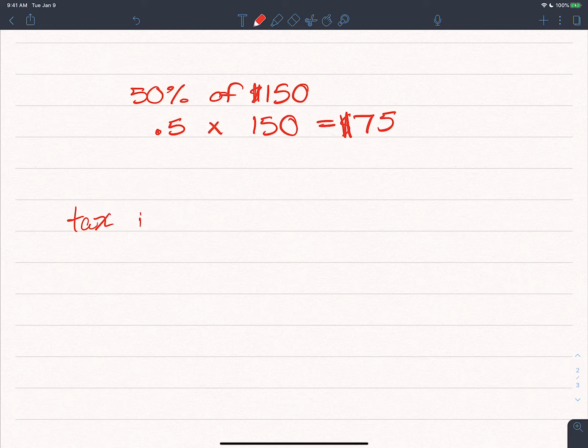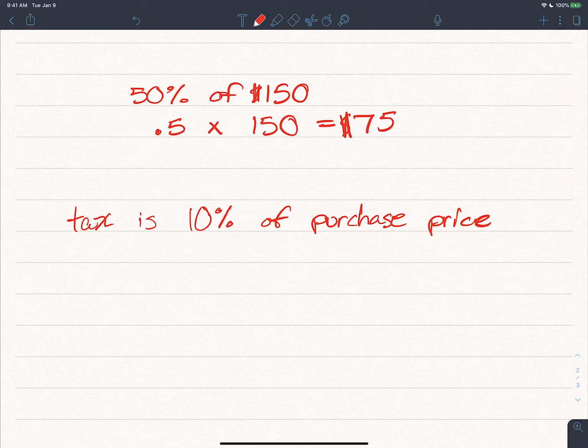Now, what if we said something like tax is 10%, right? Tax is 10% of your purchase price. When you go to the store, you want to find out how much you need in total; you don't really care how much the tax is separately. You care about how much your total will be. So if tax is 10% of the purchase price, let's say your bag costs the same $150, and we want to find how much we're going to pay in total.